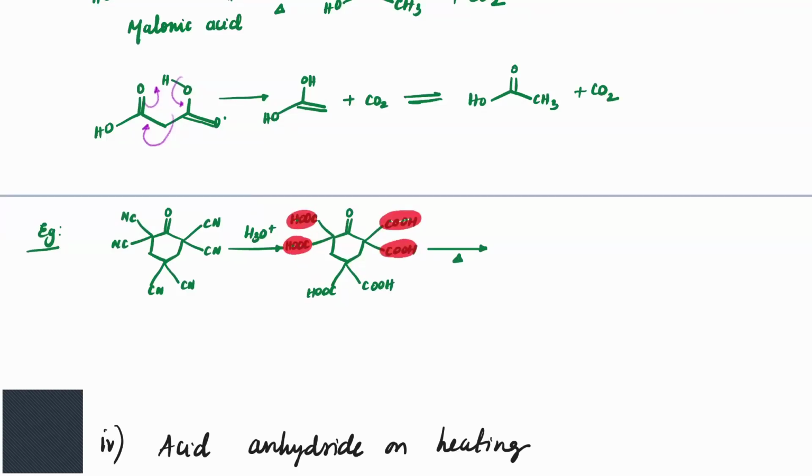All of them are at beta positions. So these four will go, and these two are beta diacids here. So one CO2 will go out from that. So the product you will get is ketone here and COOH here and 5 moles of CO2. This is the final product.